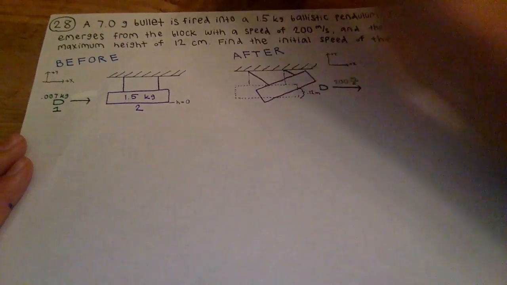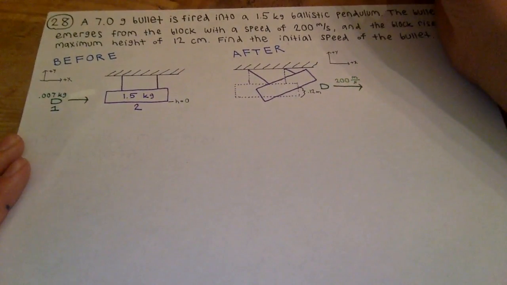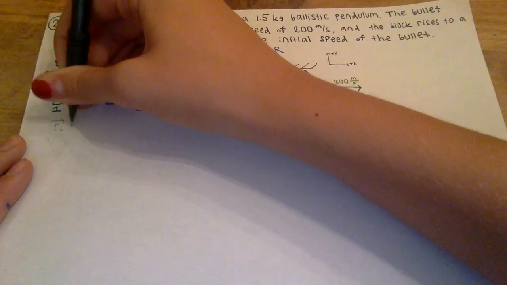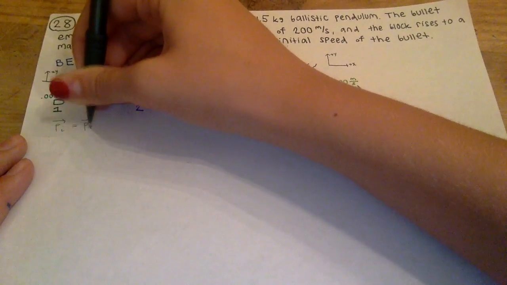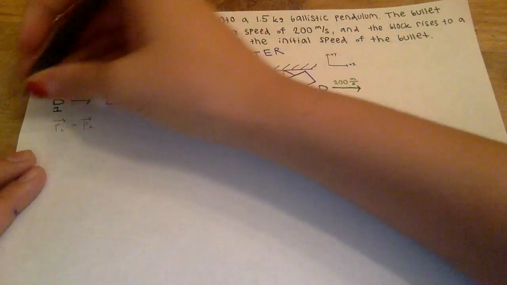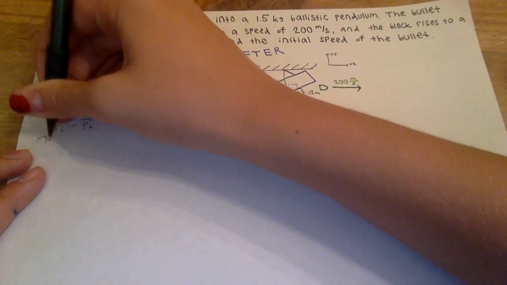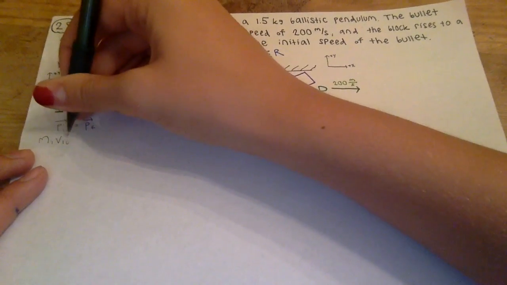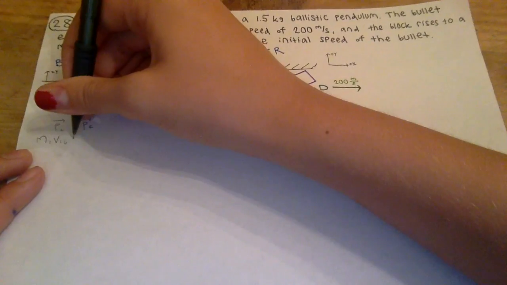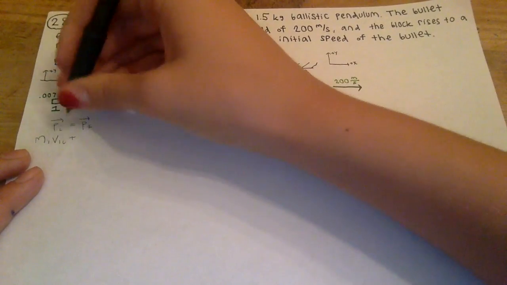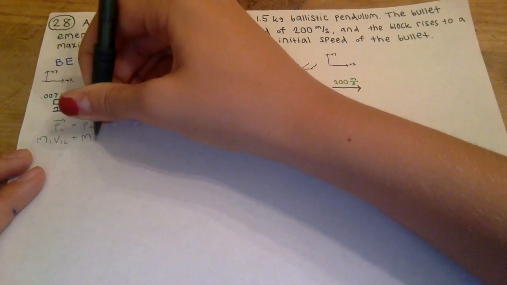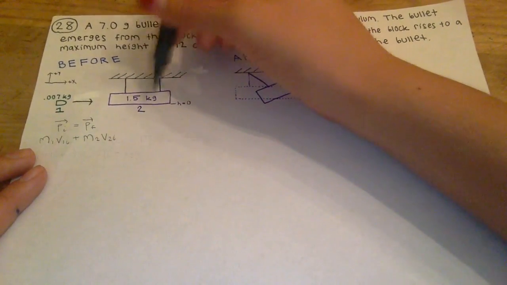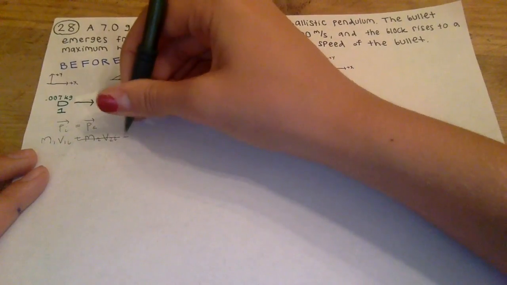To do that, I'm first going to start by doing conservation of momentum. Conservation of momentum states that the initial momentum is equal to the final momentum. So the initial momentum of the system is the mass of object 1 times the velocity initial of object 1, plus you would usually do the mass of object 2 and the velocity initial of object 2, but in this case there's no velocity in object 2, so that part is lost.